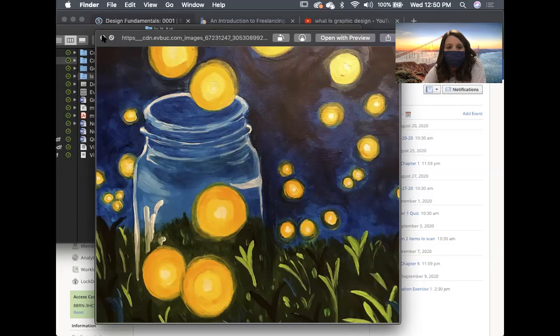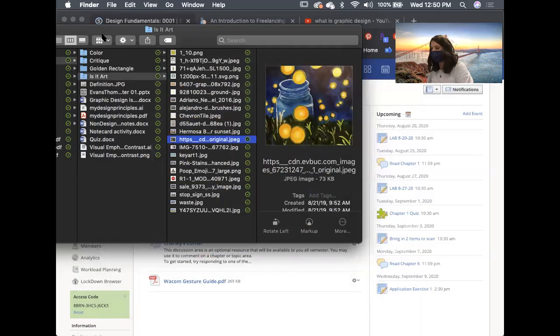Okay, so I think you get the idea. In your book, it gives you a definition for graphic design. I'd like to open that up and look at that definition. It is on page 4.